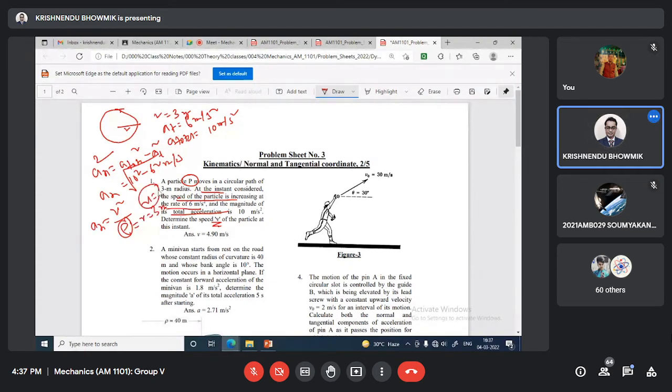You have to calculate the velocity. So we used the given AT and A total to get the normal acceleration, the centripetal acceleration, which is V square by rho, with constant radius for the circle, and you calculate V. It is over. One is done.